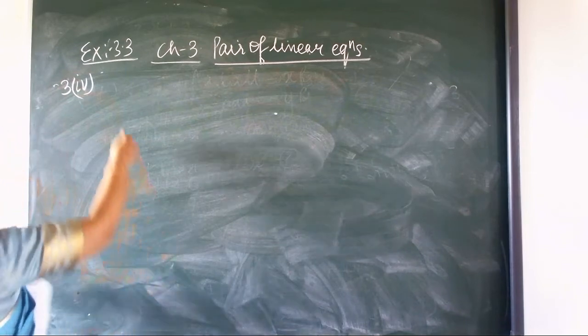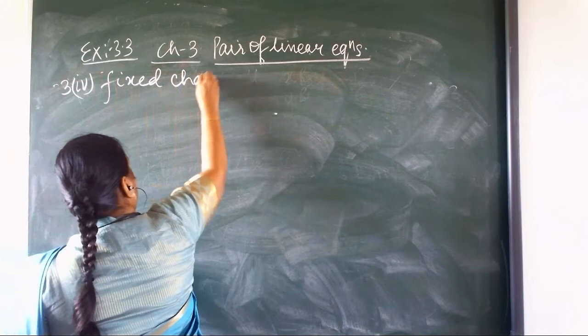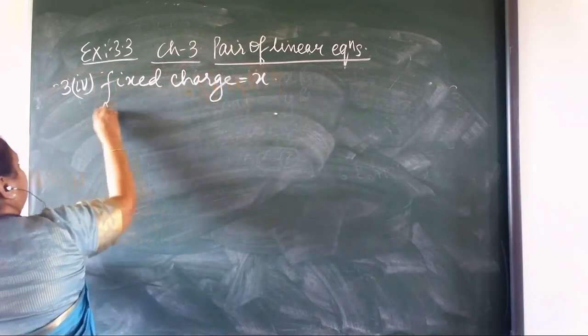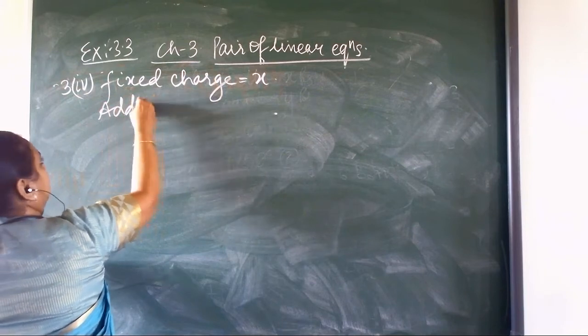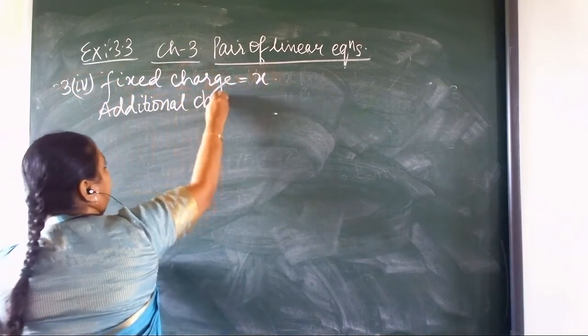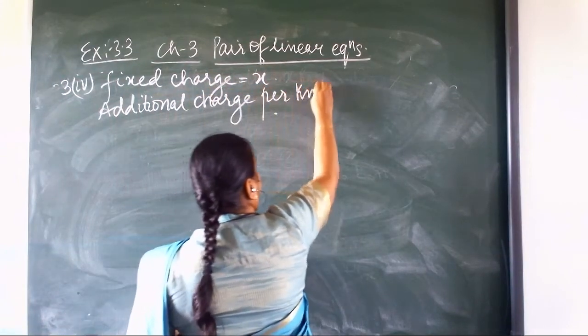So let the fixed charge be x and additional charge per kilometer is y.